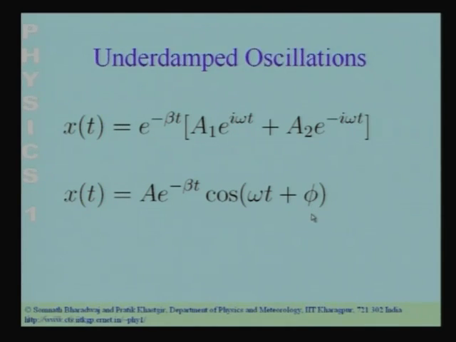But now you have an extra feature. The amplitude of this oscillation keeps on falling exponentially as the oscillation proceeds, and this is the big change which occurs due to the damping. Damping causes the amplitude of the oscillation to decay exponentially in time.